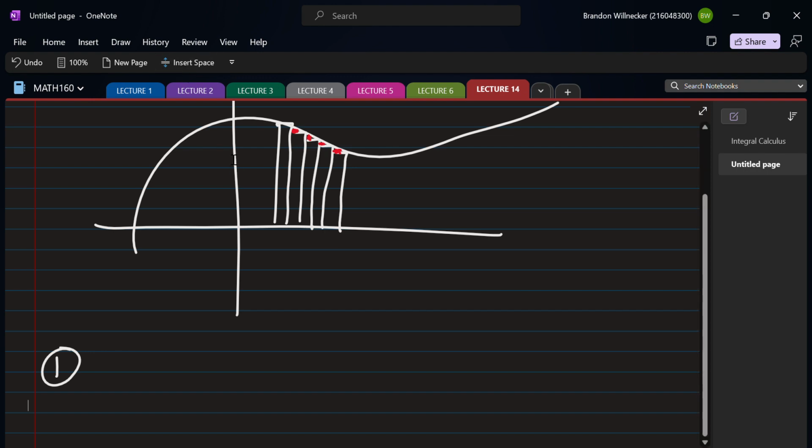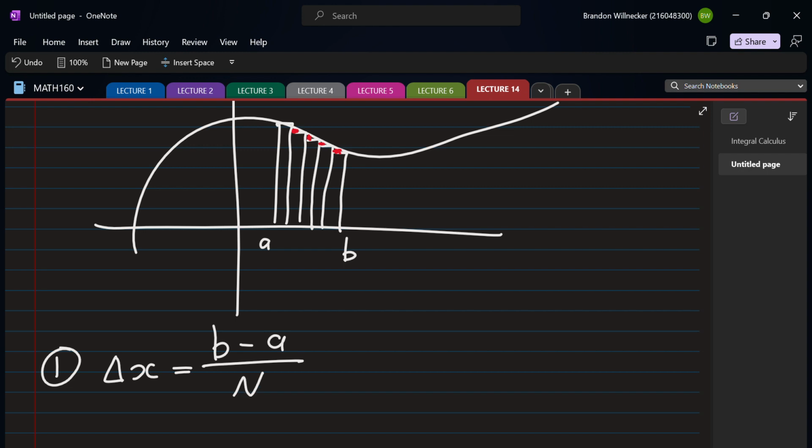We've got our starting point A and our ending point B, so the total width of that interval will be B minus A. So delta x will be B minus A over N, where N is the number of rectangles. If you divide the full interval from A to B into N parts, that's going to be the width of one of the rectangles. That's the first step.